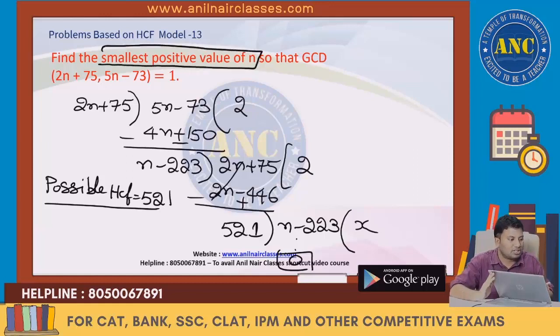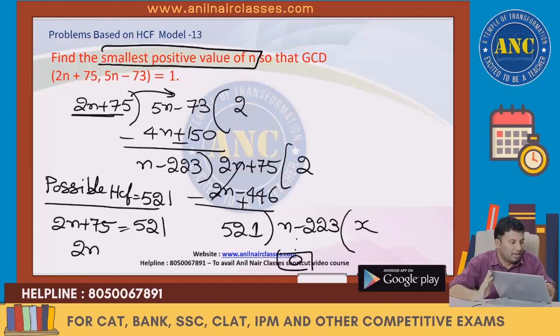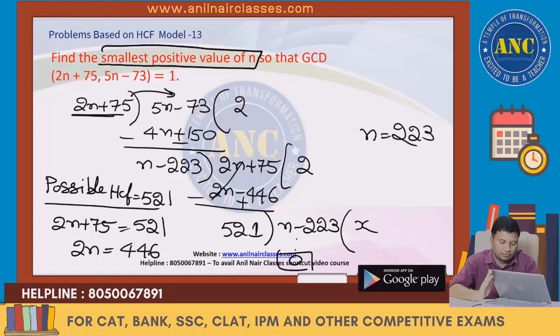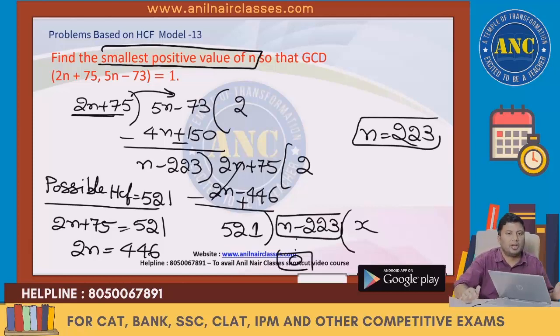So smallest possible value, that means 2n plus 75. Smallest means when these perfectly divide and give a remainder 0. Smallest is when 521 is equivalent to 2n plus 75. 2n is nothing but 446. n is nothing but 223, or n minus 223 is equivalent to 0.